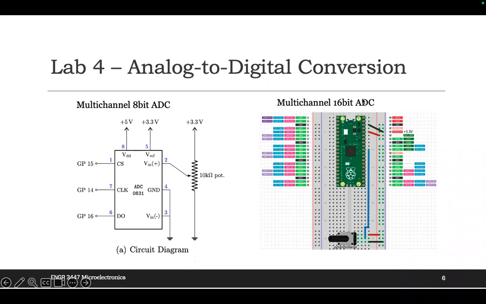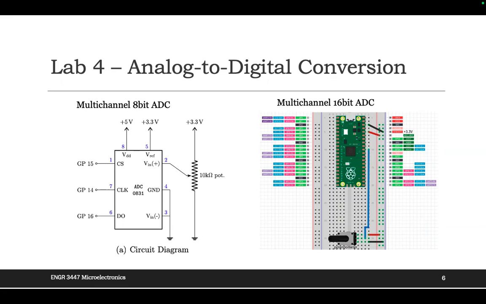And the 16-bit, which means your range should be from 0 to 65,535, which means you divide your voltage into 65,000 units, which means you have more precision. That makes sense to you?